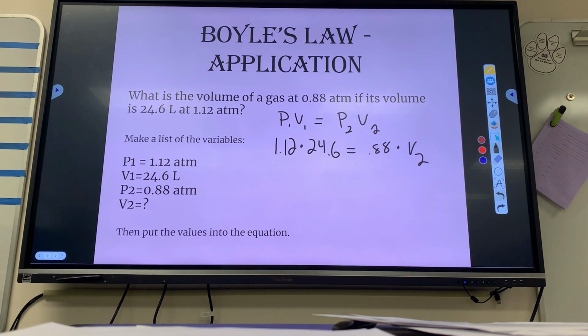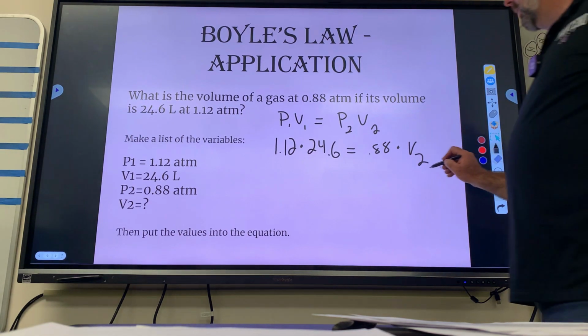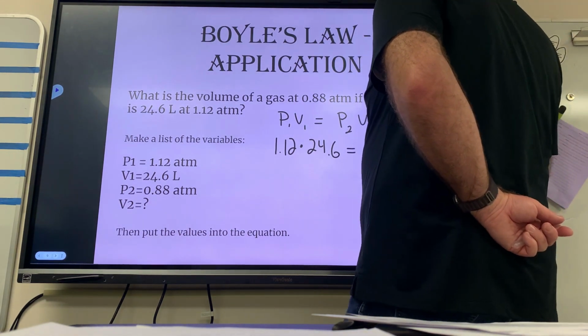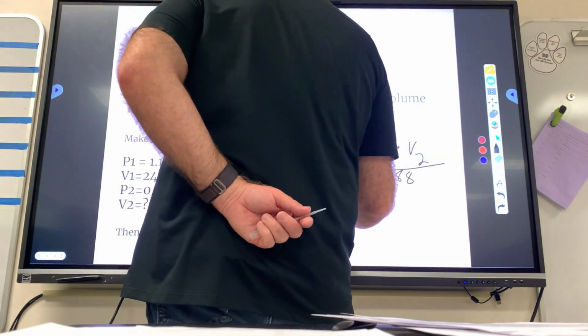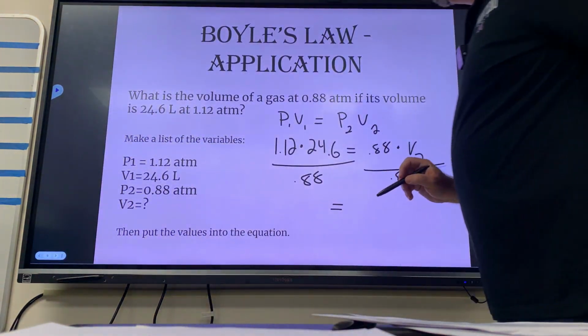Again, you should all know how to solve this for that variable V2, because on the left it's P times V, and on the right it's P times V. So to solve this, we just divide out by our 0.88. What do we get here? Somebody do the math.